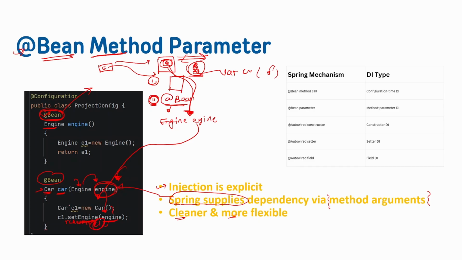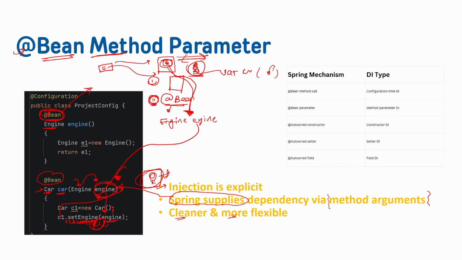Now this instance is added to the Spring context as the car. Have you understood the whole flow? First it sees the bean method annotated with the bean for engine, creates its bean and adds it to the context.